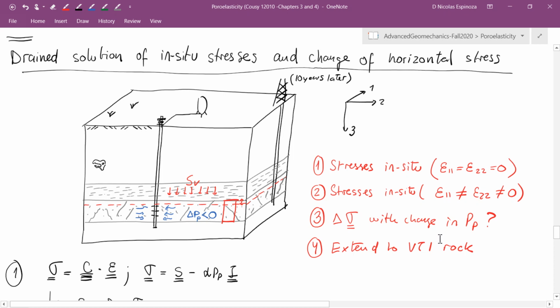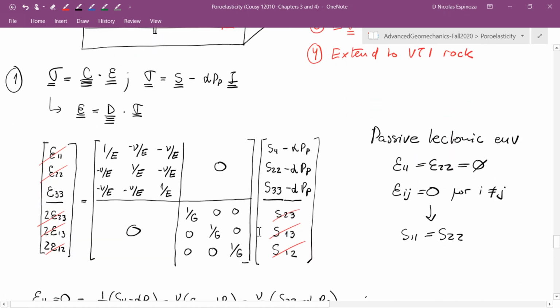Well, we're not going to go through the entire derivation because that's going to take quite a while. But the principle is exactly the same as what we have applied before. First, we write the stiffness, in this case a compliance matrix, and we relate those strains to those stresses.